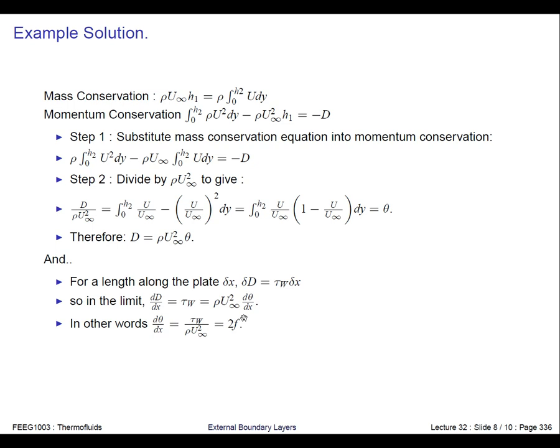So we saw this when we looked at pipe flow. So this hooks into the previous lecture, where what we're doing now is we're relating the momentum thickness along the external boundary layer to the wall shear stress and the friction coefficient. So that is quite useful for us.